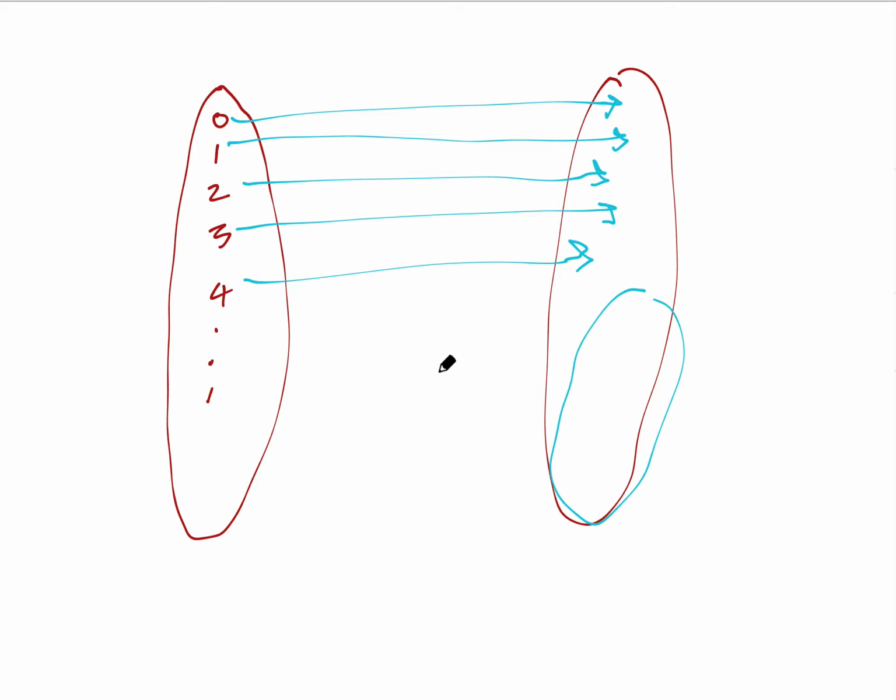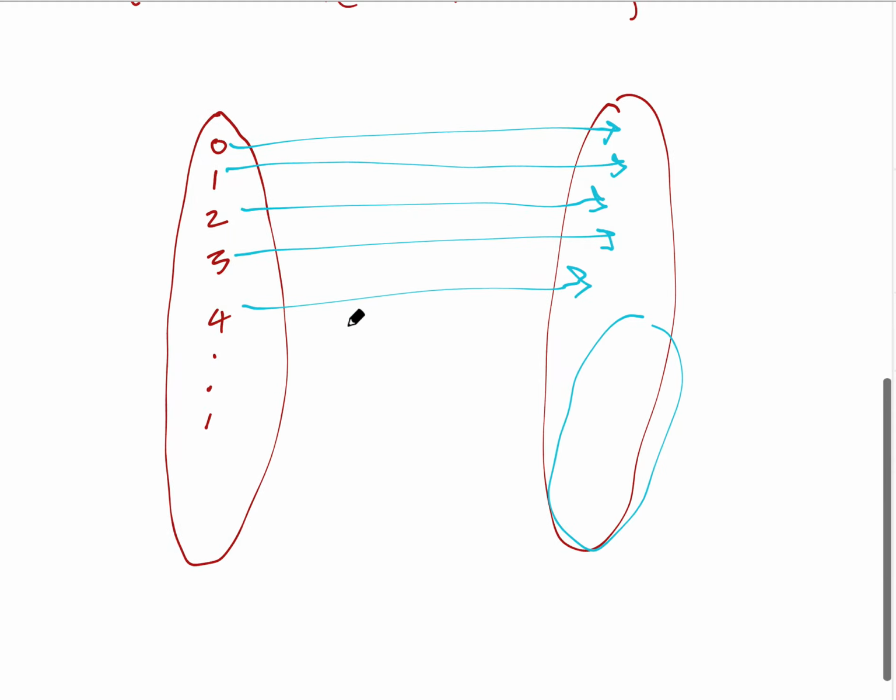Because this set, if it's uncountable, is fundamentally bigger in size than the set of natural numbers. So that's the problem we're interested in looking at.